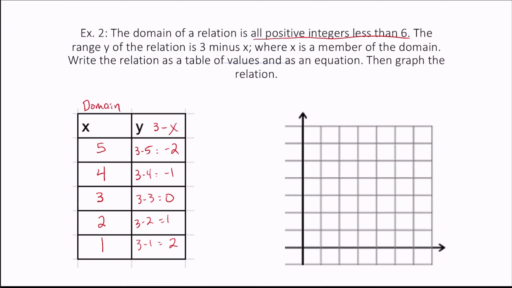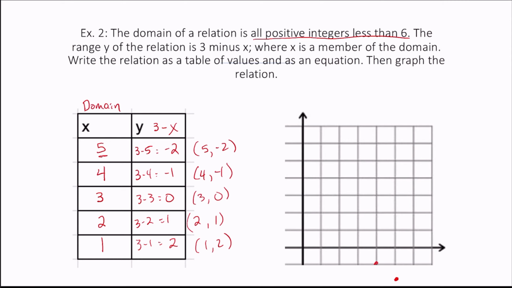If we graph these, each of these can be written as an ordered pair with the x and the y coordinates: 3, 0, 2, 1, 1, 2. So each of these can be written as an ordered pair, which we can then graph. So we have some point that is over 5 and down 2, which is slightly off my graph, but that's all right.